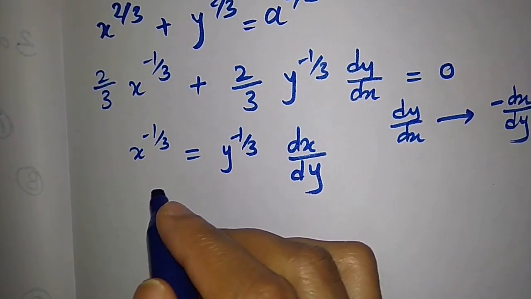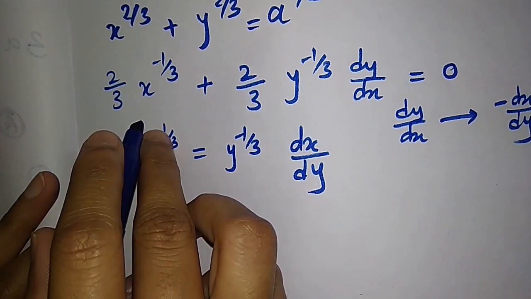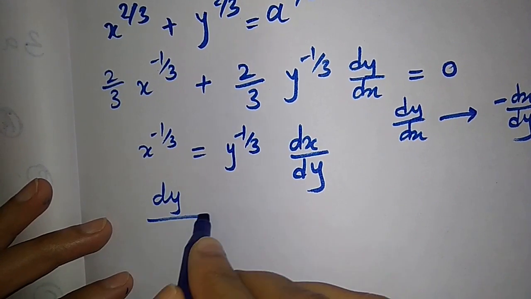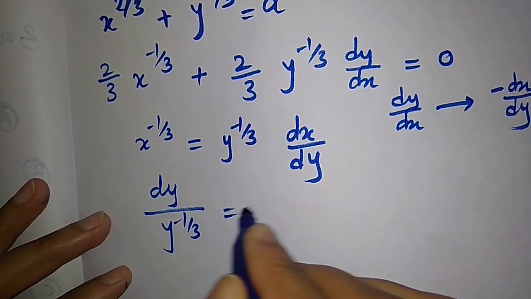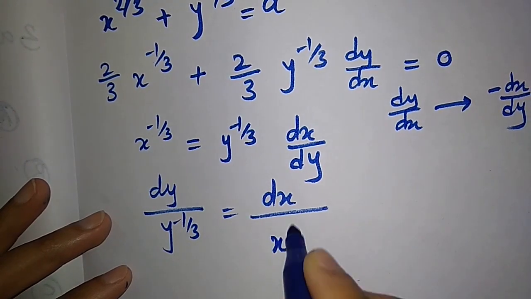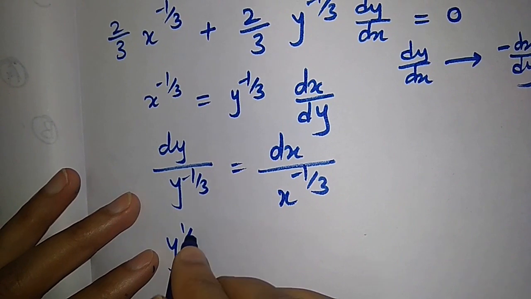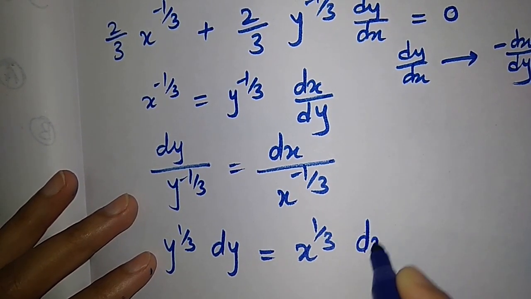So just solve it. You take dy here and this in the denominator, so minus 1/3 is the same as dx upon x raised to minus 1/3. So this is just equal to y raised to 1/3 dy is equal to x raised to 1/3 dx.